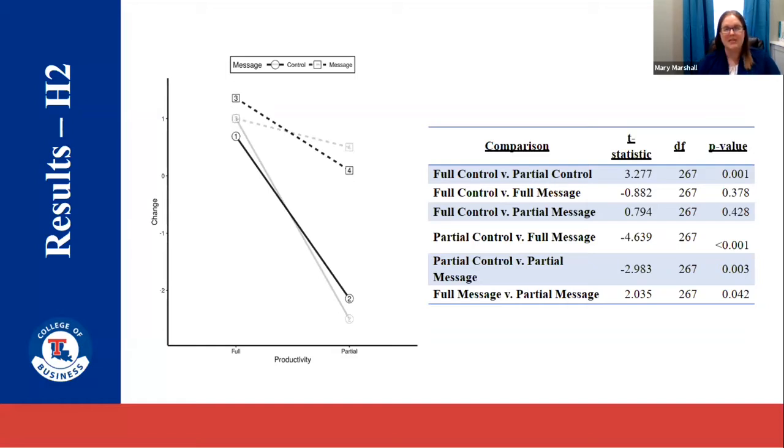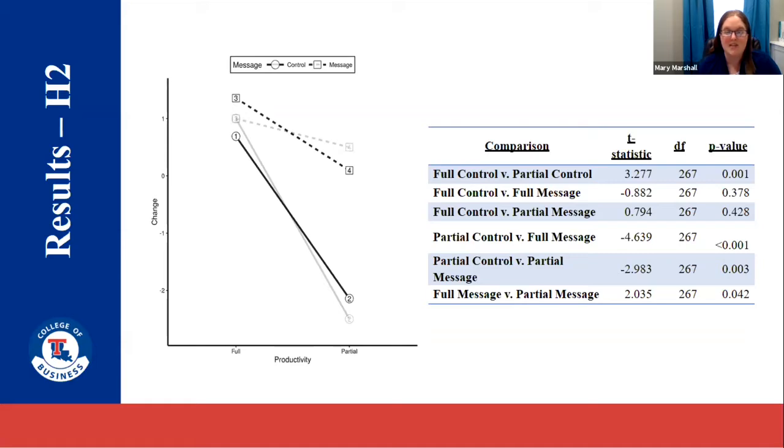H2 predicts a message will offset the effect of partially productive audits. And we find compliance after partially productive audits is significantly lower than all 3 other conditions. Now this one's especially interesting to me. Compliance of participants who experienced partially productive audits but also viewed a service message was not different than those who experienced fully productive audits.